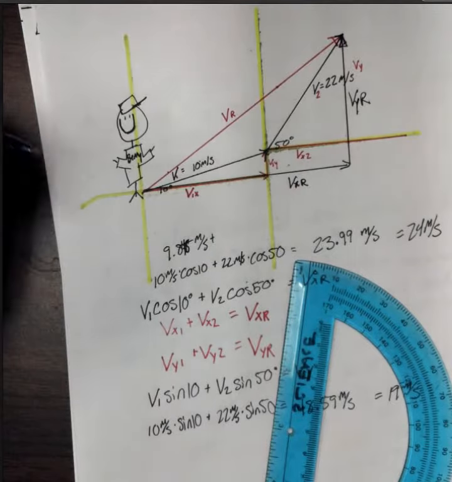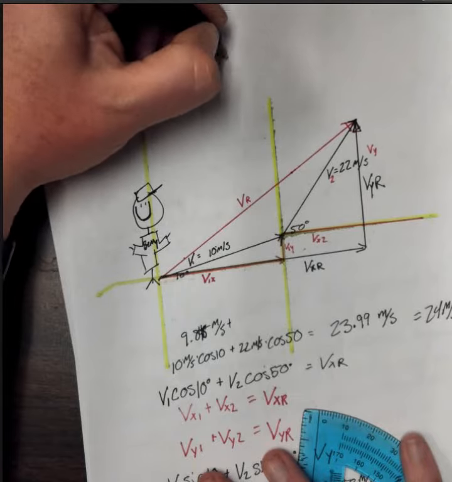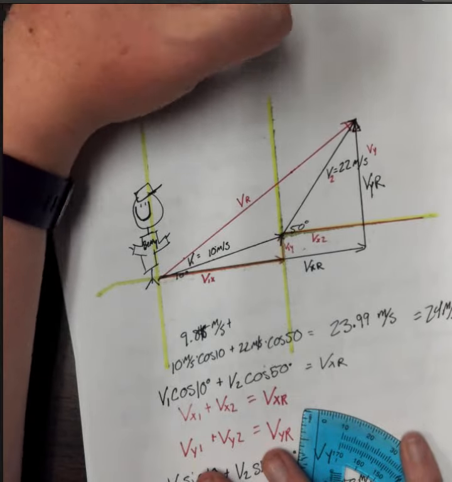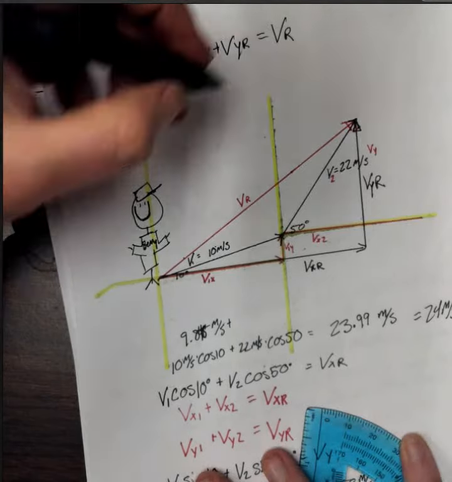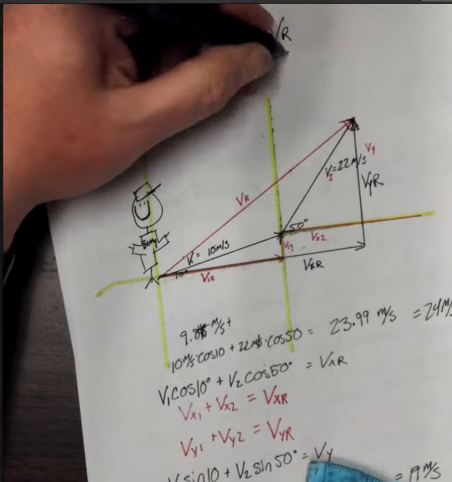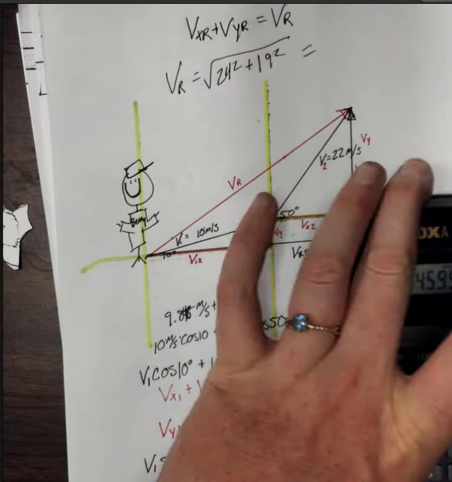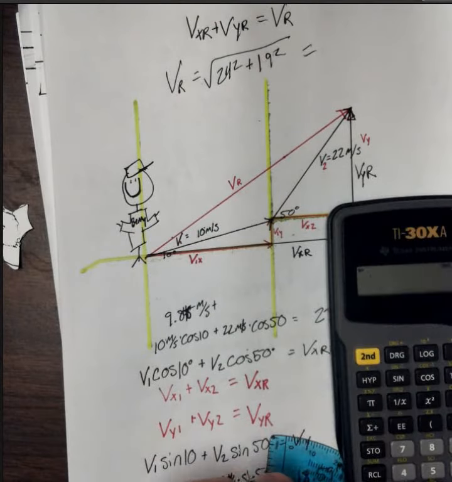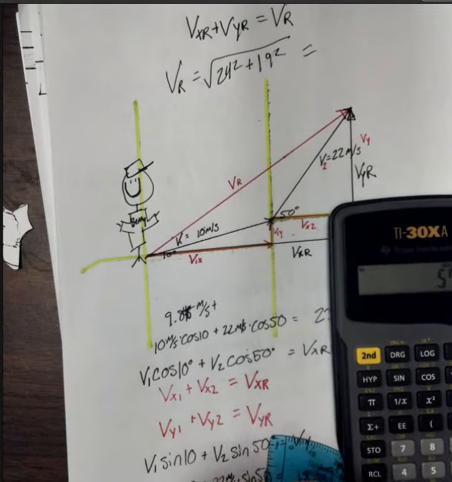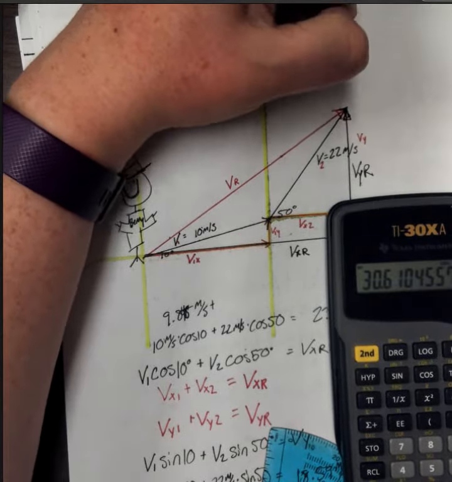And if I add these together vectorially, I will get my resultant vector. And so I'm going to do just that. And I get 31 meters per second.